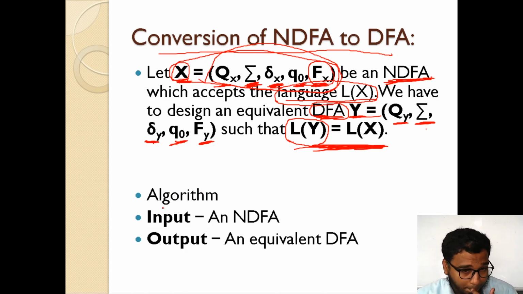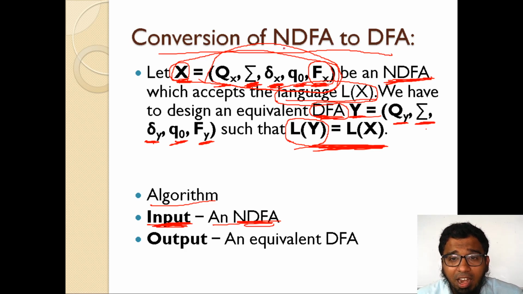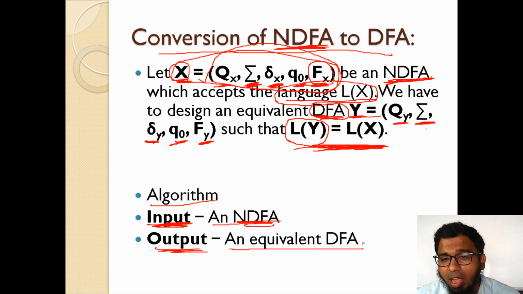Now, in the algorithm we have two things, input and output. What is the input we are taking? We are taking the NDFA as input. And what is the output we are getting? We are getting an equivalent DFA as output. So, this is the algorithm for conversion from NDFA to DFA.